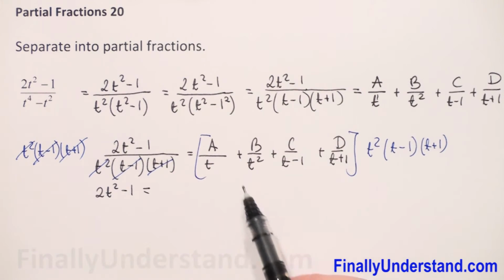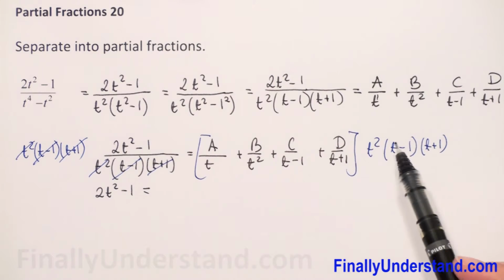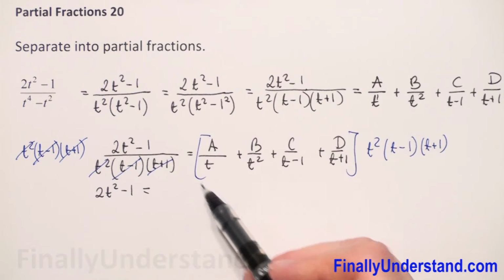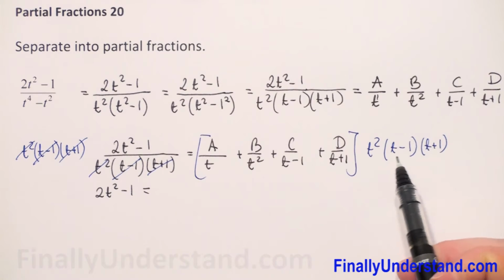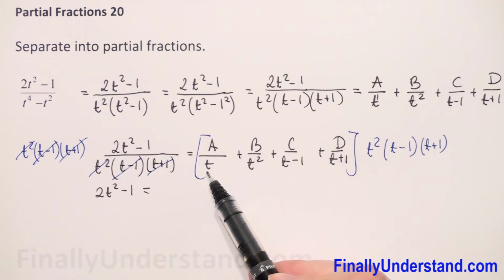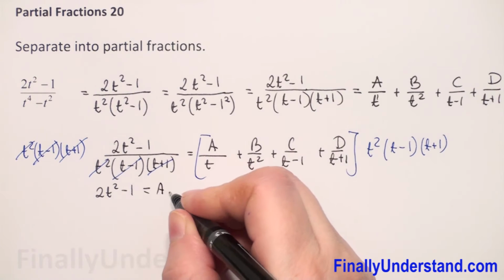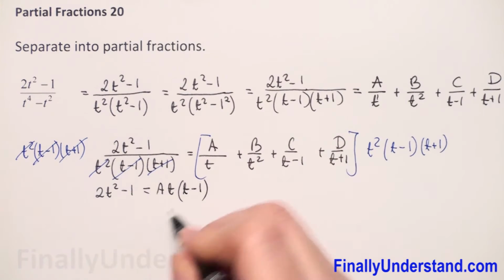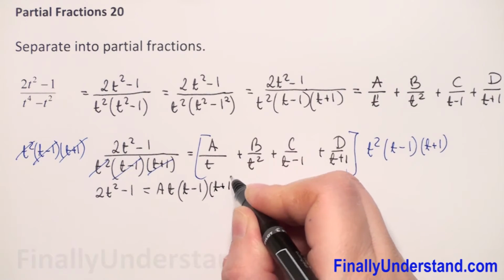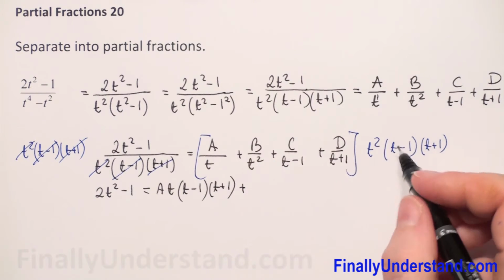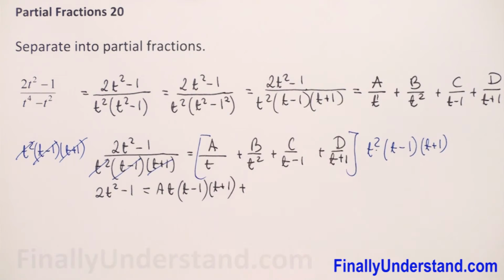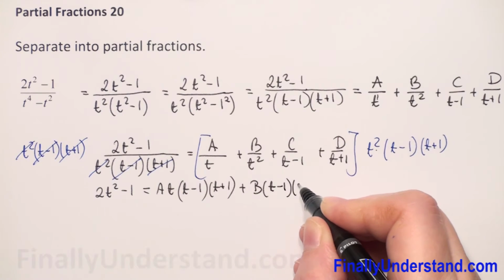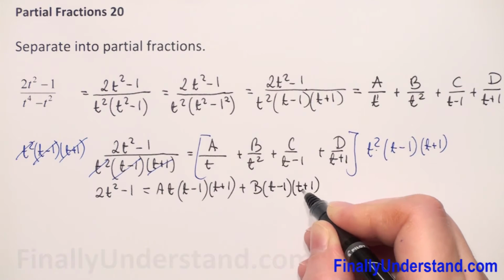This is equal, and now every fraction in parentheses we have to multiply by this whole expression. When we multiply the first fraction by t squared and the rest, t squared with t we can reduce, so we can only have A times t, and the rest is t minus 1 times t plus 1, plus the second fraction times the expression, t squared with t squared we can reduce, and we will have only B times t minus 1 times t plus 1.